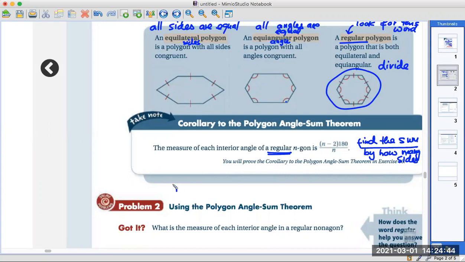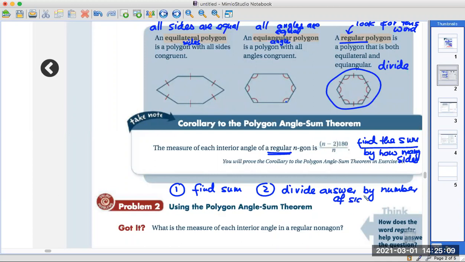So first step, find the sum. Second step, divide the answer by the number of sides. So this is your sum right here, and then this is dividing.